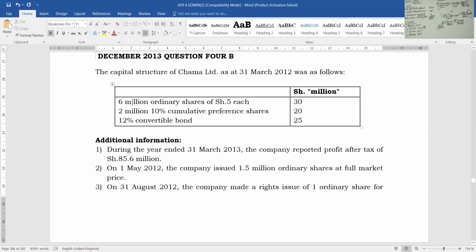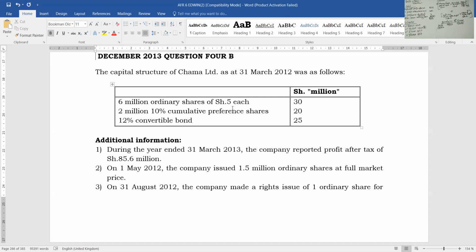So you can see the capital structure of Yamaha as at 31st March 2012 was as follows. This was the start of the year, so after 31st March you move to 1st April. So you have 6 million ordinary shares. Remember that when we are doing the weighted average number of ordinary shares, we weigh the number of ordinary shares.